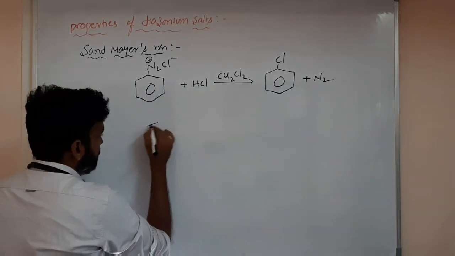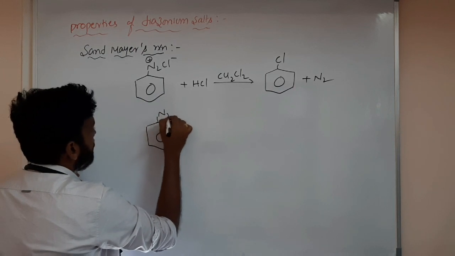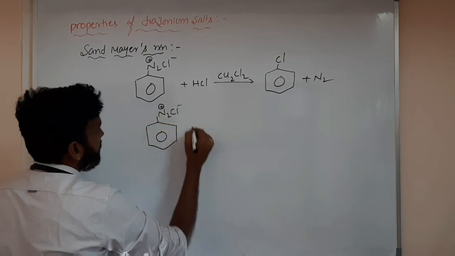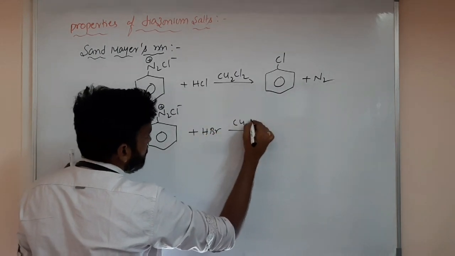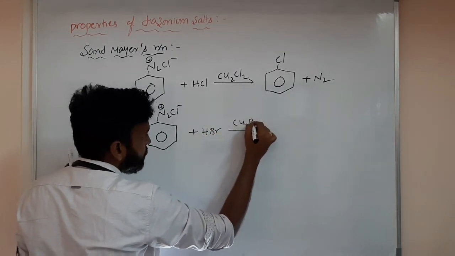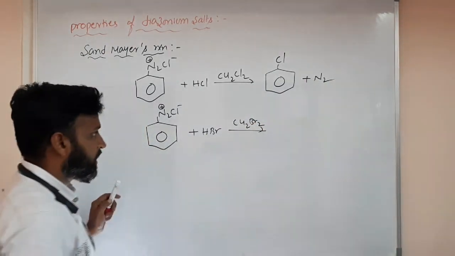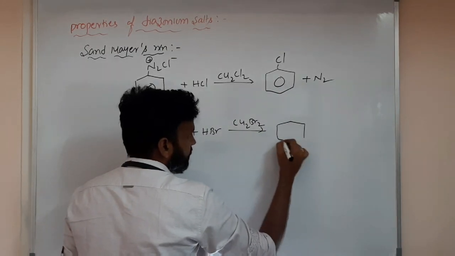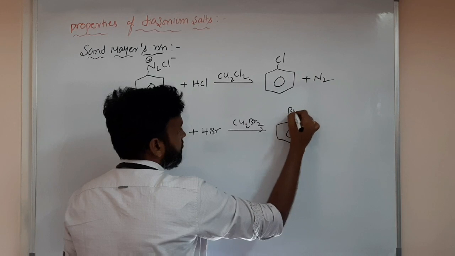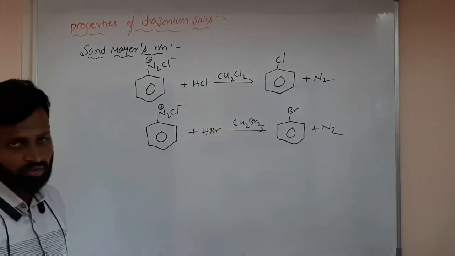If you are using HBr, C6H5 N2 plus Cl minus with HBr and cuprous bromide, Cu2Br2, or simply CuBr, also correct, with small heating you will get bromobenzene C6H5Br plus N2. The Cl will go as HCl afterwards.